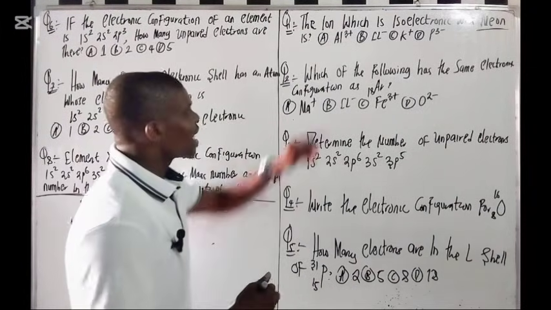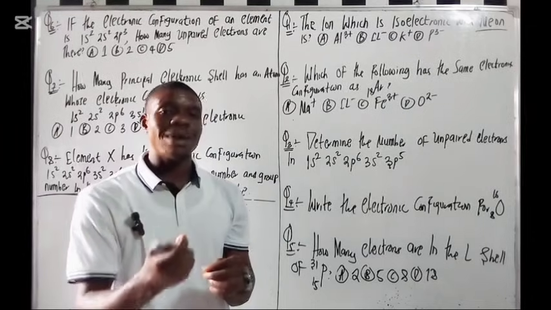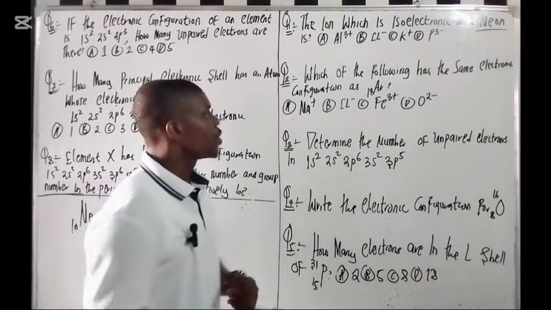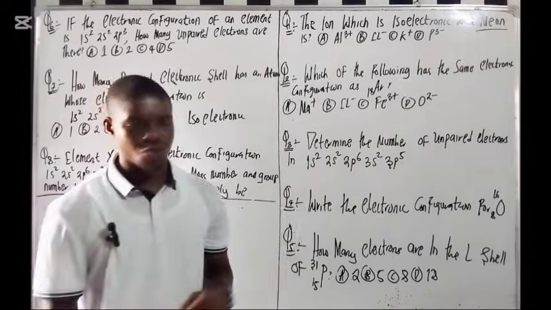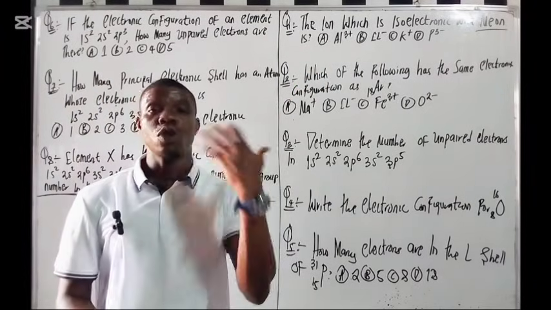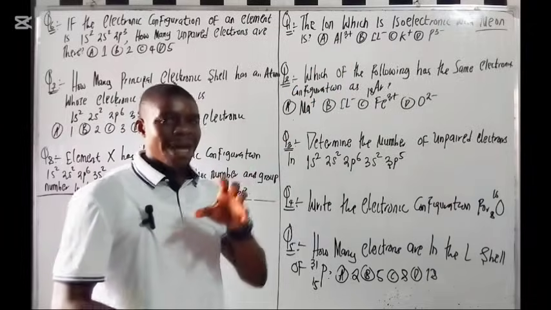So aluminium in its natural state has an electron number of 13, but here we have Al3+. It means that it has lost 3 electrons. Whenever I see a plus, it means the atom has lost electrons. How many electrons did it lose? Three.